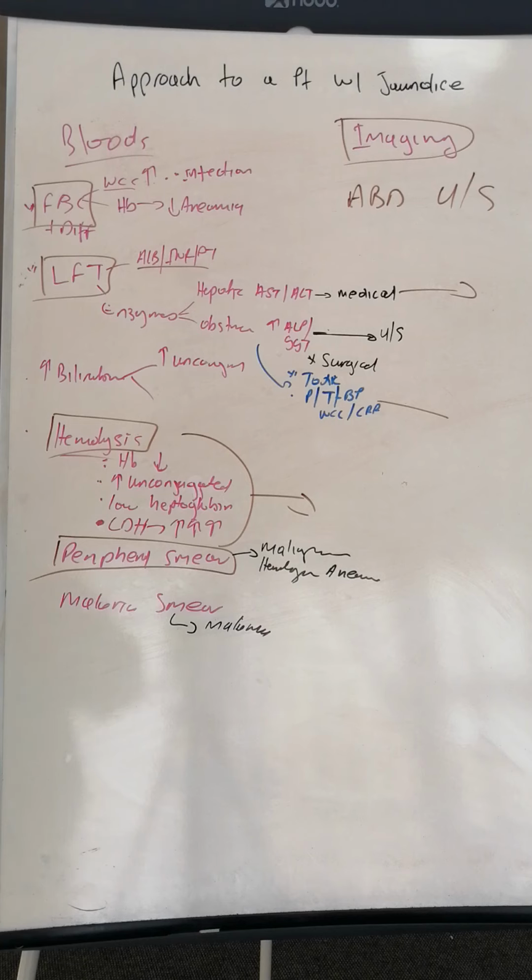We are going to meet on part 3 of this, where we're going to talk about the causes of jaundice. This was a clinical approach: what are the things that you need to look at, and what investigations you would want to do.